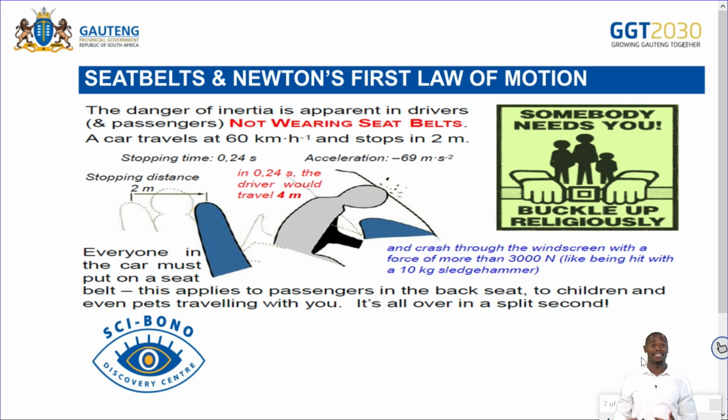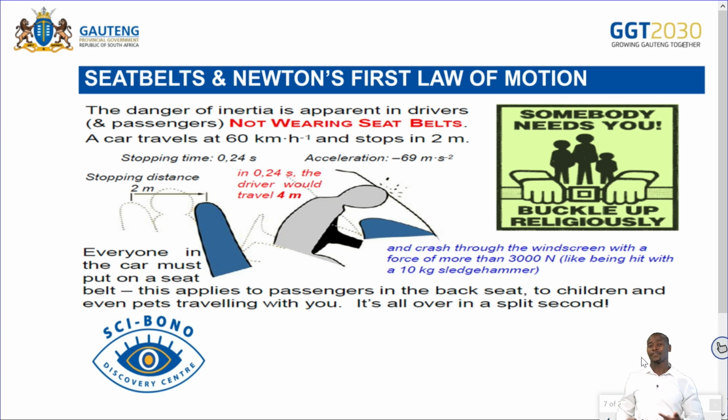Now, explaining that using the law of inertia or Newton's first law. Another example, I think learners have experienced this, right? Let's say you are standing on the bus, and the bus is stationary. You are also stationary on that bus, all right?